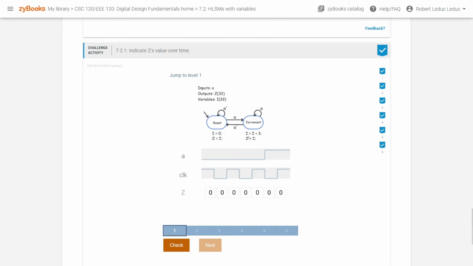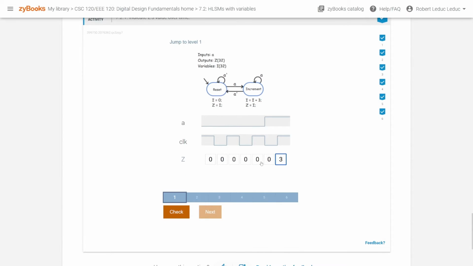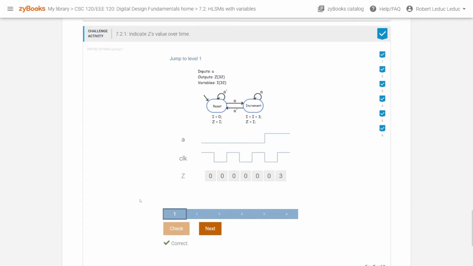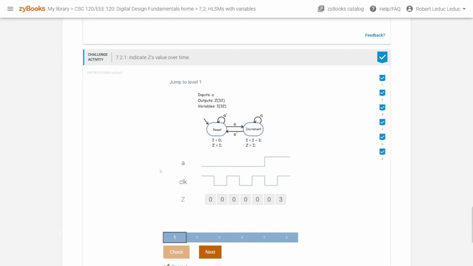So I will have a value of 3, and since output Z is set equal to I, Z will also have a value of 3. And that's it for this timing diagram, so we'll go ahead and check our answer, and that is correct. So that wasn't too bad. We'll move on to the next one.